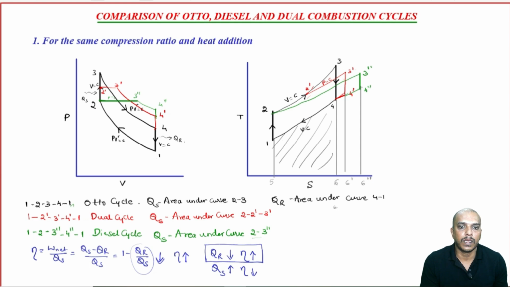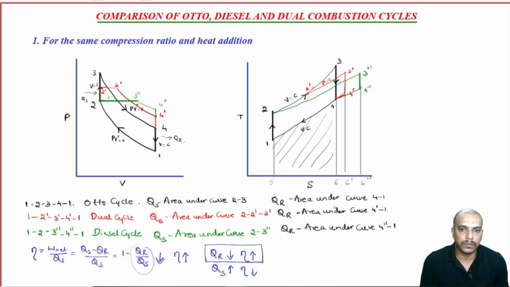Similarly, heat rejection for the dual cycle is the area under the curve 4 dash to 1. Similarly, heat rejection for the diesel cycle is the area under the curve 4 double dash to 1. This is the amount of heat rejection for the same amount of heat supplied.